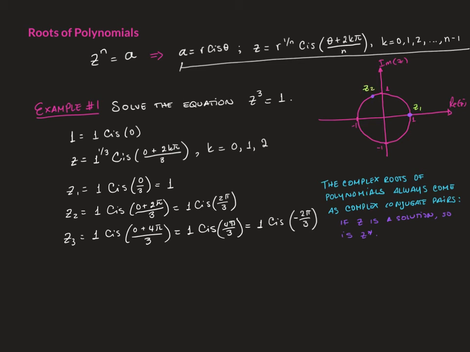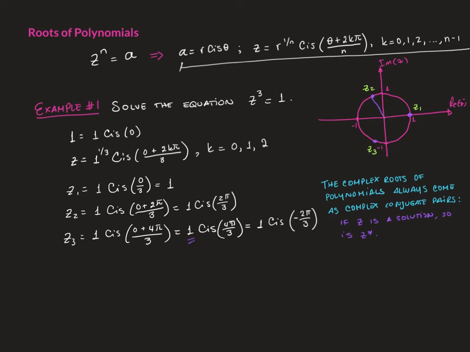And the third solution is minus 2 pi by 3, so it should be somewhere in this area. Now, the three solutions are on a unit circle because the magnitude of the number is 1.